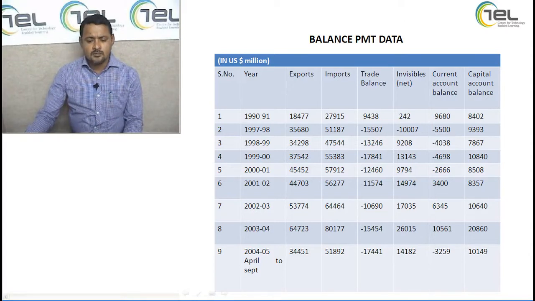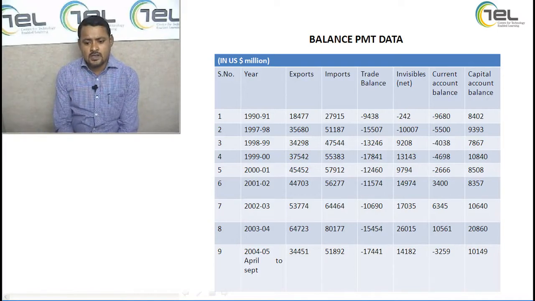In the year 90-91, that is before liberalization took place in India, the export was $18,477 million, US million dollars, and imports were almost 1.5 times, 50% more.